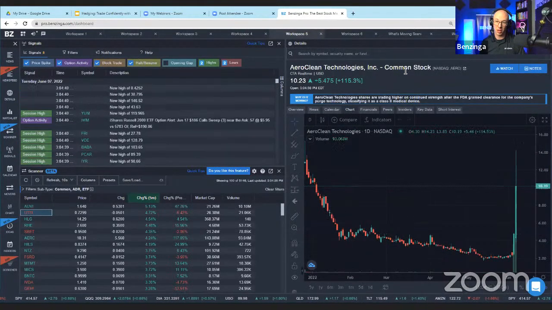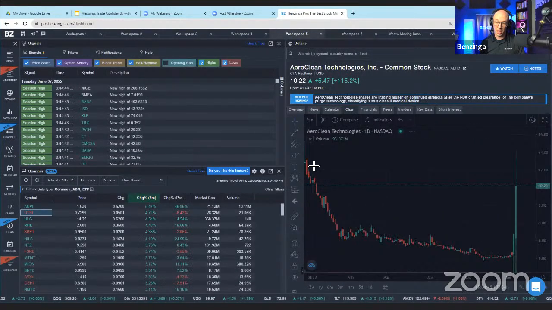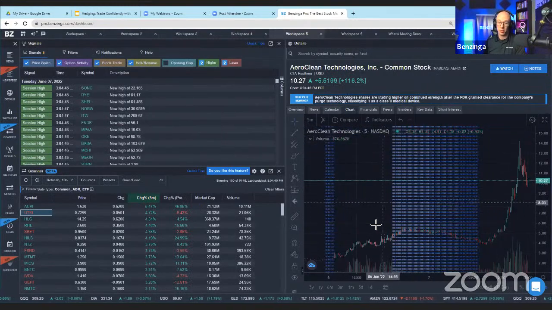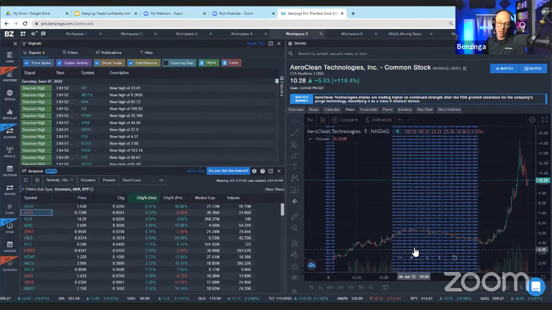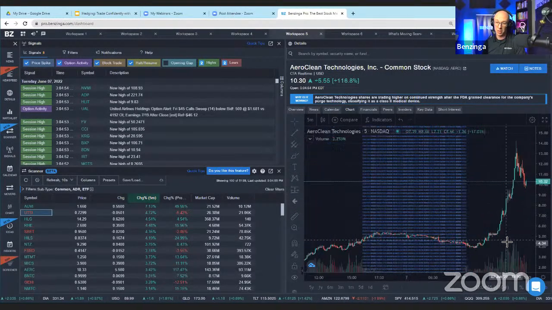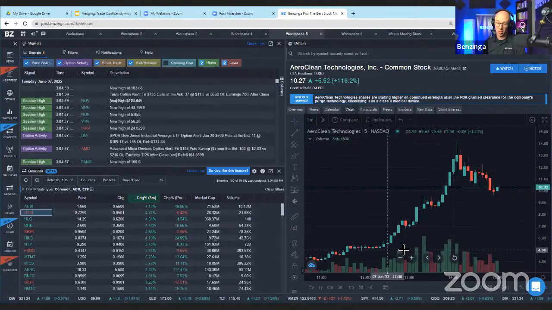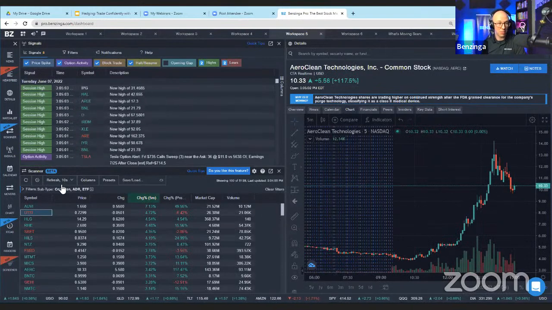You can see here with AeroClean, well, it's really taken off today. And this was a mover from yesterday. So this is an example of where you could have seen this move from yesterday. And if that was just on your watch list again, I mean, look at how that took off on high volume today. So you can do all of this research inside of Benzinga Pro.